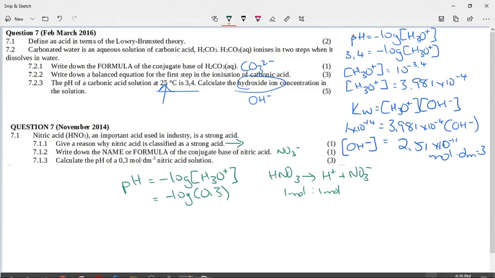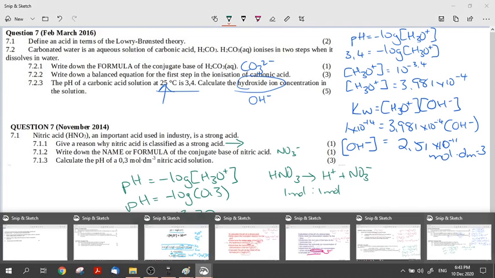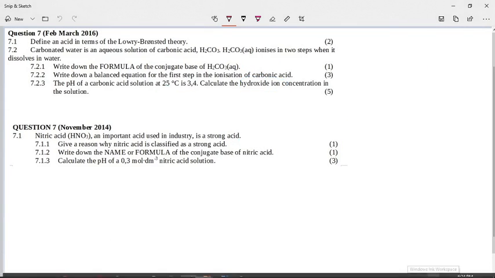So we'll just put in our calculator pH equals minus log 0,3. Press the buttons on your calculator and you will come out with a pH value of 13,30, and that one is quite simply done. And that leaves us with the last example I want to show you.